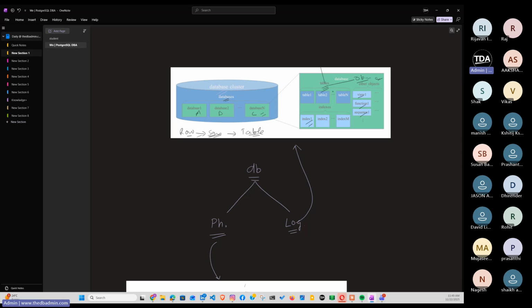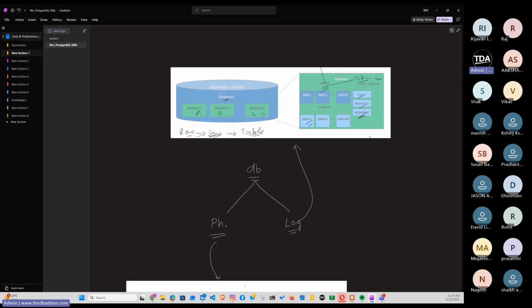We have multiple objects holding the data, and every object has its own characteristics. A table is a column and row based database storage unit. An index is an indexed unit which refers to some other database blocks. Views are logical, they are not actually holding the data, but they are data pointers. Functions are nothing but the normal calculations we do, like simple interest.